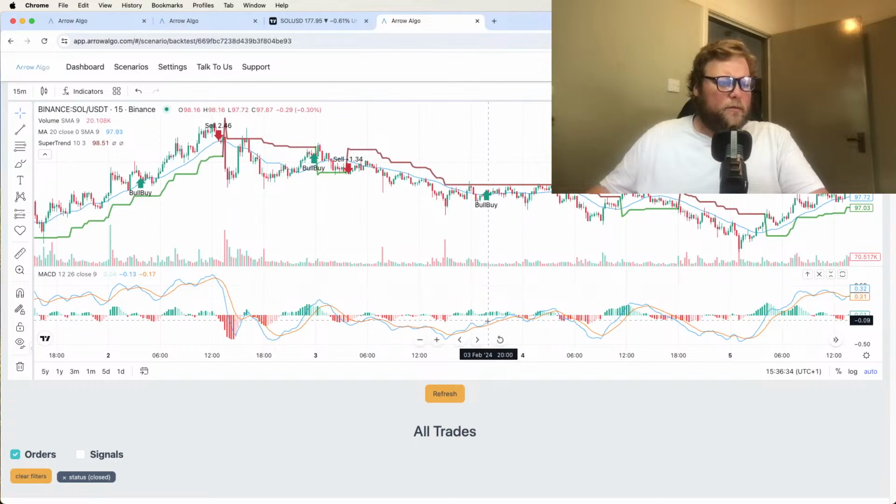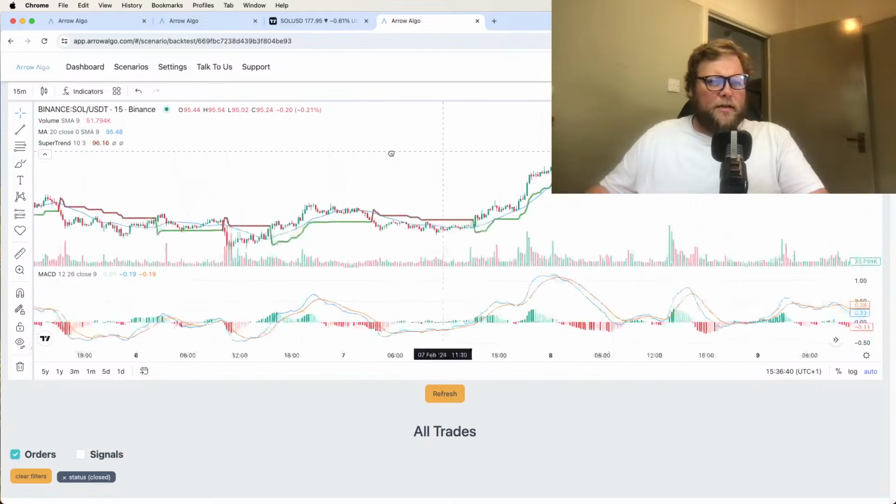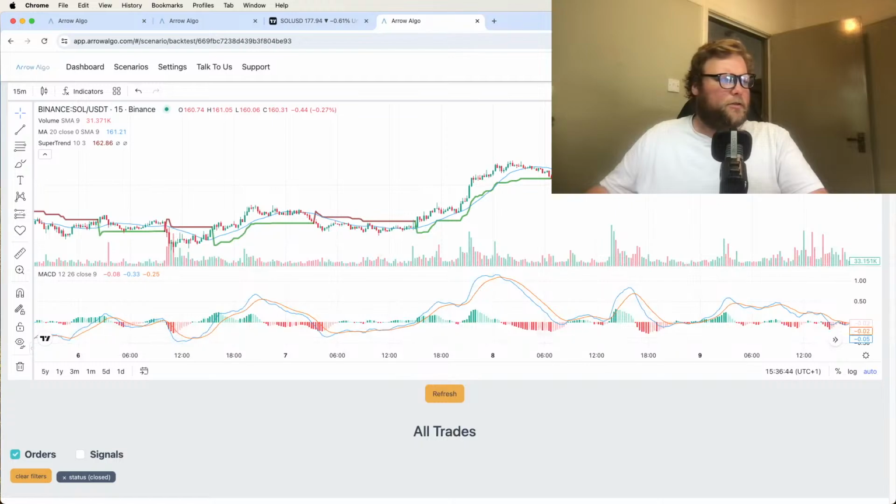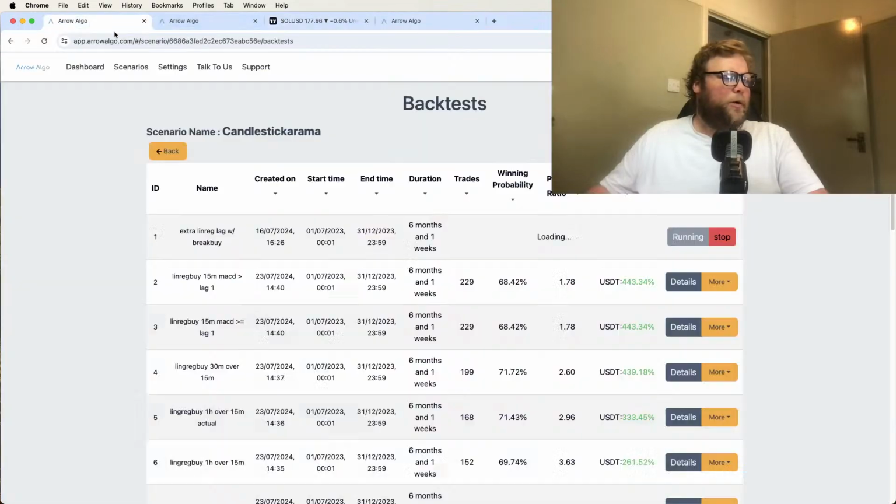And this one, yeah. So let's try that instead. Let's do the super trend instead of the moving average convergence divergence. We can do one of each and compare the results.